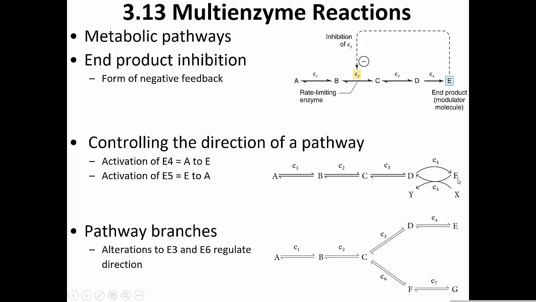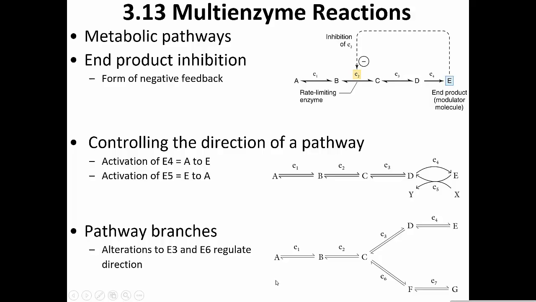And so ultimately, by turning on enzyme number 5, we're going from substrate, as it is in this case, E, to product A. So the direction of a metabolic pathway can be controlled by the activation or inactivation of a pair of enzymes.